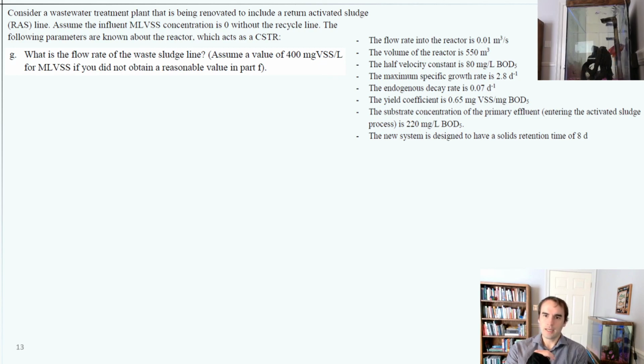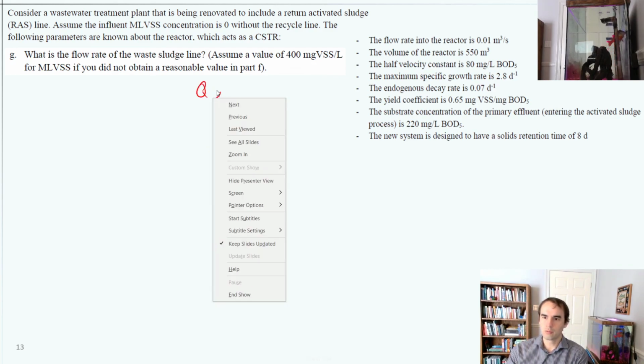Okay, part G asks about the flow rate of the waste sludge line. So the QW, what is the flow rate? What is QW?